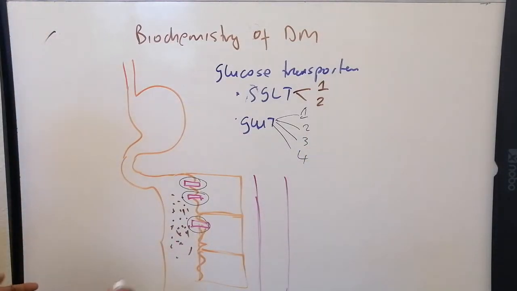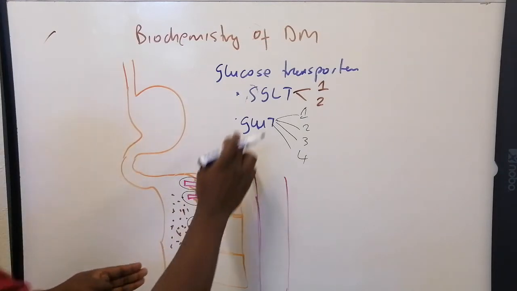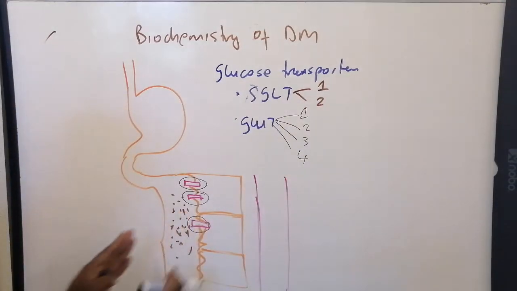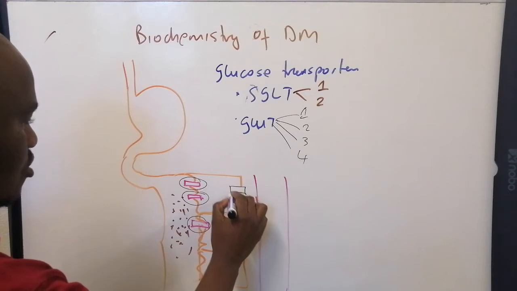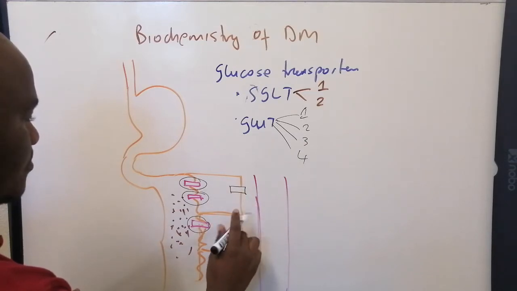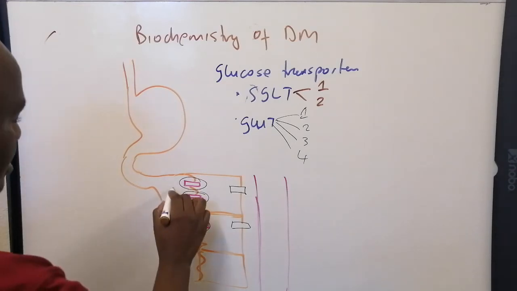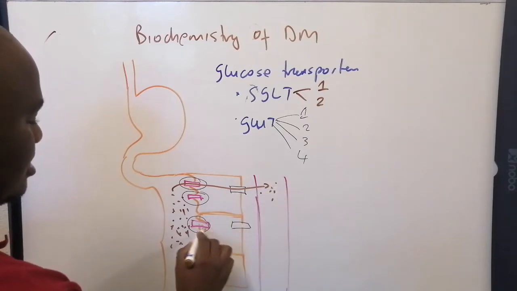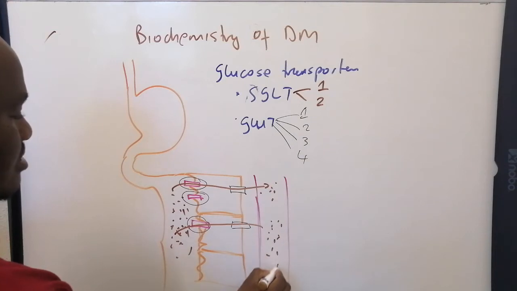So glucose enters on the apical membrane through the sodium glucose transporter 1, but exits on the basal membrane through GLUT1. That's how glucose enters the blood.